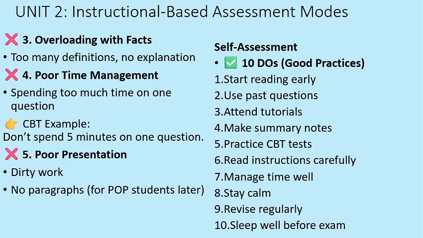So CBT example now. Don't spend 5 minutes on one question. Don't even try it. You are given 1 hour to do 70 questions, and 60 minutes makes an hour. So you are given 70 questions, which means even if you give 1 minute for one question, you will still need 10 more minutes, because it's supposed to be 70 minutes for 70 questions, 1 minute for each question.